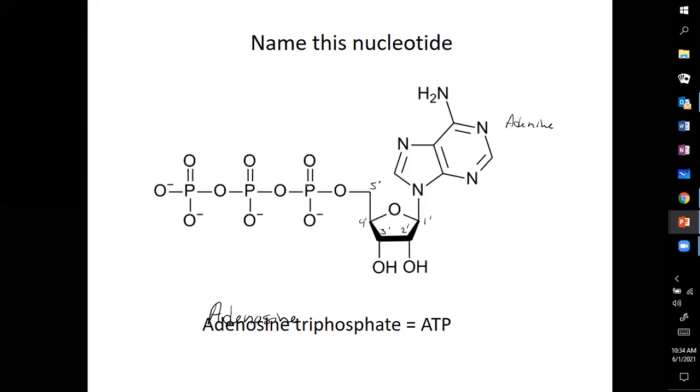We can also name these phosphate groups: alpha, beta, gamma. When we use ATP as energy, sometimes we take off just the gamma phosphate and we're left with 2 phosphates. If we had 2 phosphates rather than 3, then we would have ADP.